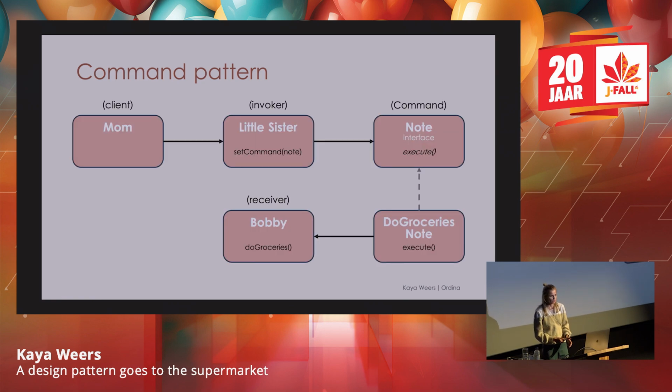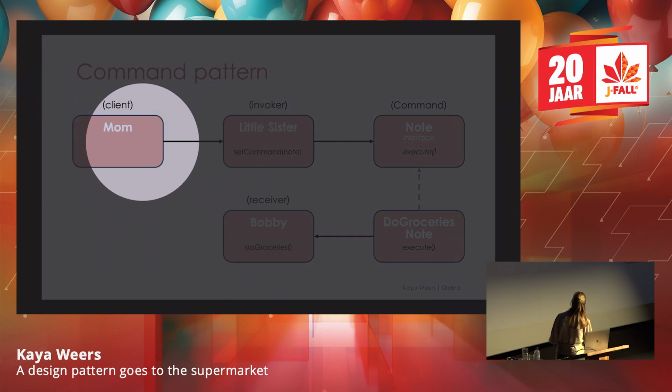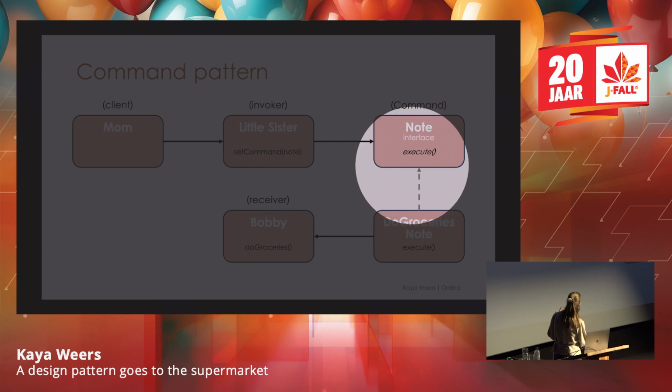So this is the pattern in a more visual way. The text on top is more like the terms used in the design pattern, and inside the blocks is the example we had. So we see that Mom could be a client; she knows everything and she creates the request, which will be a command. In this case, it's the note.